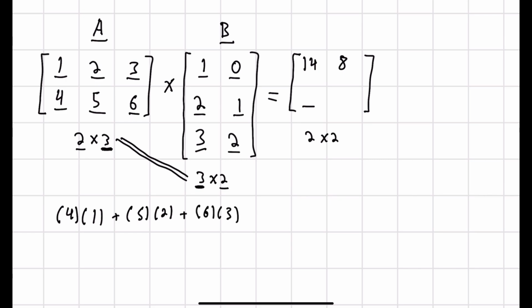So this is equal to 4 plus 10 plus 18, and this gives us 32.